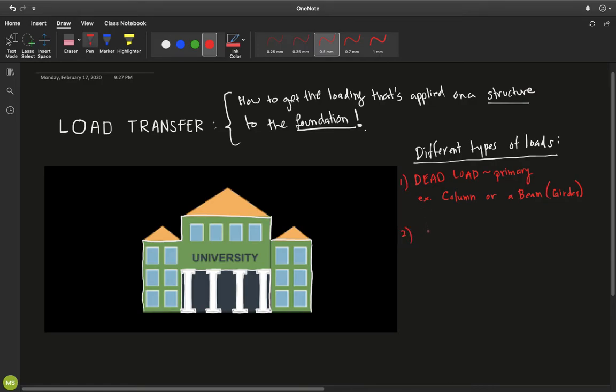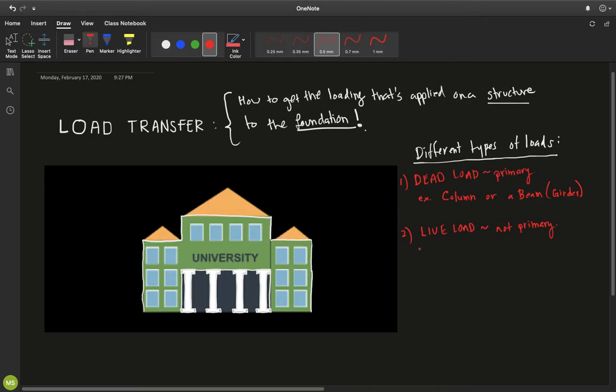Another different type of loading you could think of is a live load. Live load usually consists of not primary members of a structure, but they are very important.